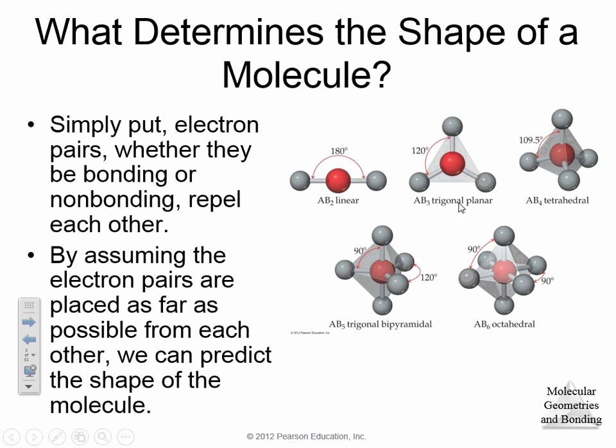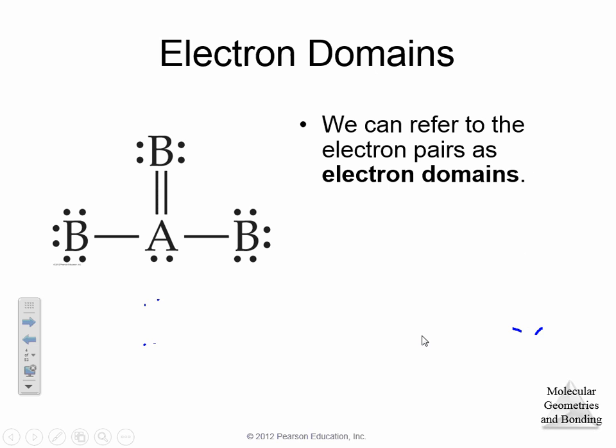They're AB2 linear, AB3 trigonal planar, AB4 tetrahedral, AB5 trigonal pyramidal, and AB6 octahedral. Now, unfortunately, you're going to have to understand these because these are not given on the test.